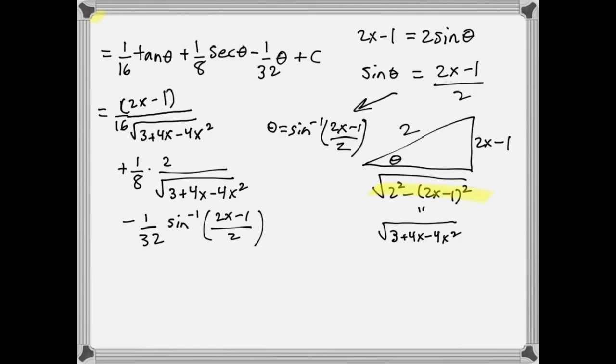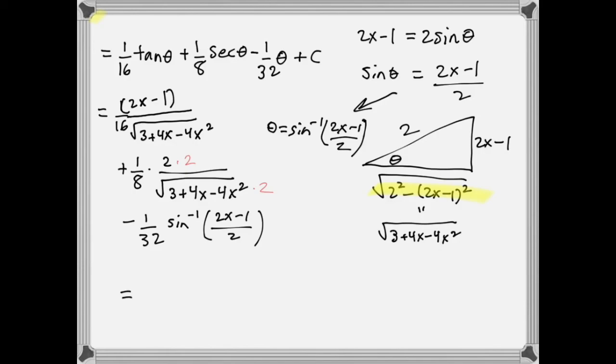Okay. So how do I write my final answer? I do want to write this in a slightly nicer way just because I see an obvious way to simplify here, because these two almost have the same denominator, don't they? This guy has a 16 and the other guy has an 8, so I'm going to multiply by 2 and multiply the bottom by 2 also. So now I can combine these.